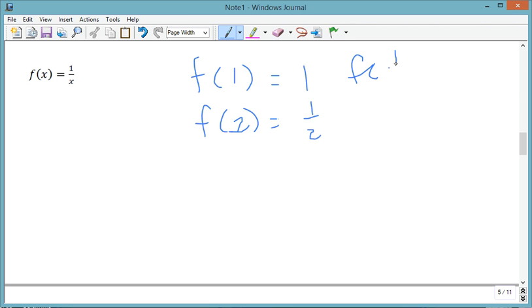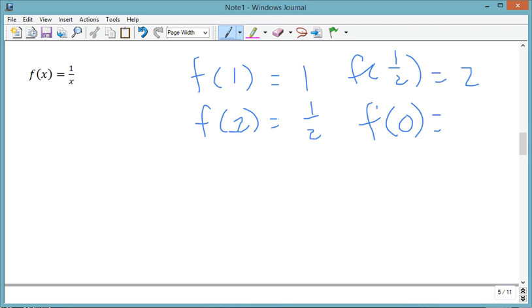If I did f of 1/2, 1 over 1/2, that would be 2. That's fine. But what if I do f of 0? Well, then I get 1 over 0, and that doesn't exist. So if I plug in 0, I don't get an answer. It's not an answer at all. And so 0 cannot be plugged in.